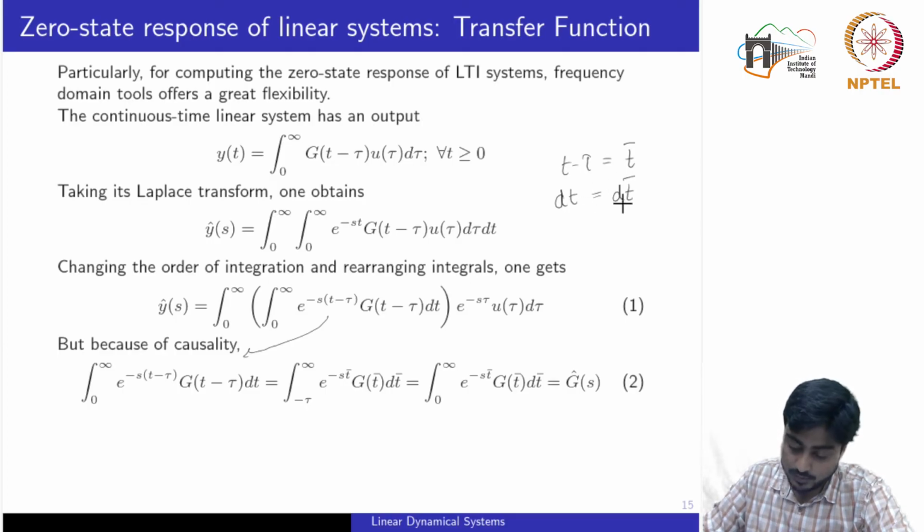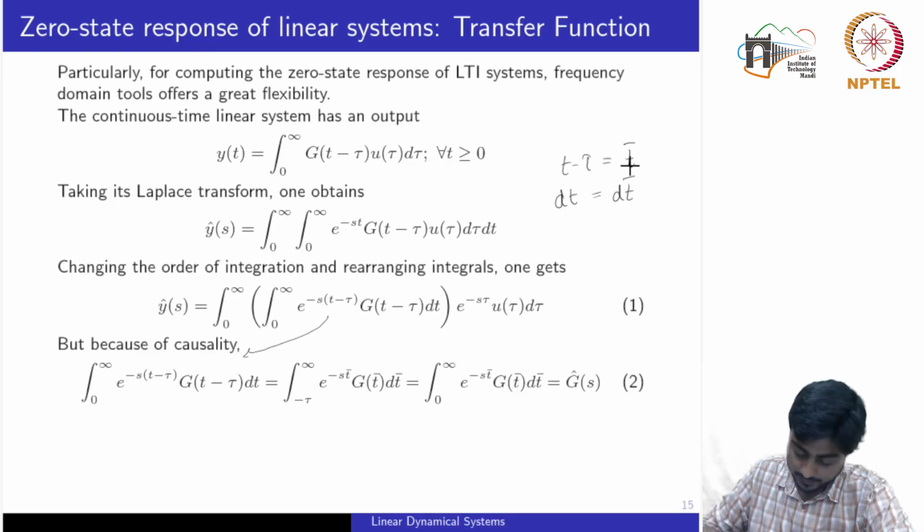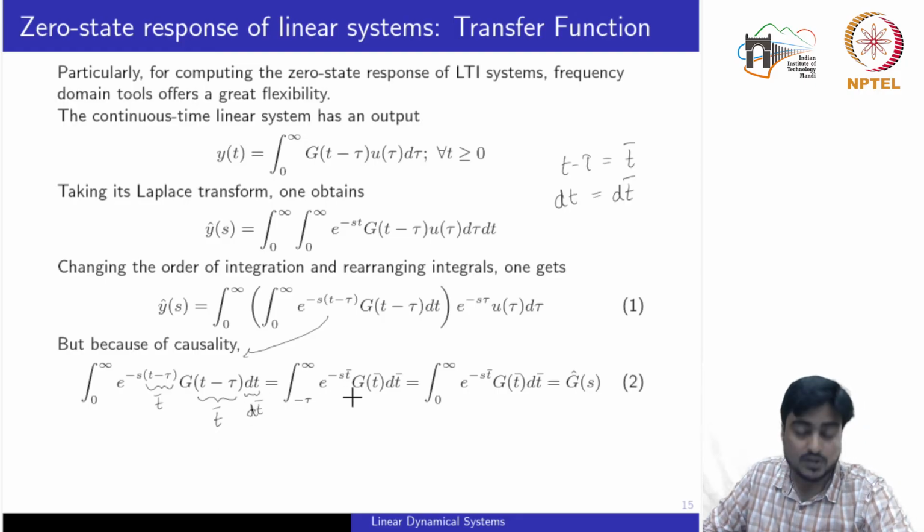So dt would be replaced by dt bar, and t minus tau is replaced by t bar. This is what is written in the second and middle in this row.